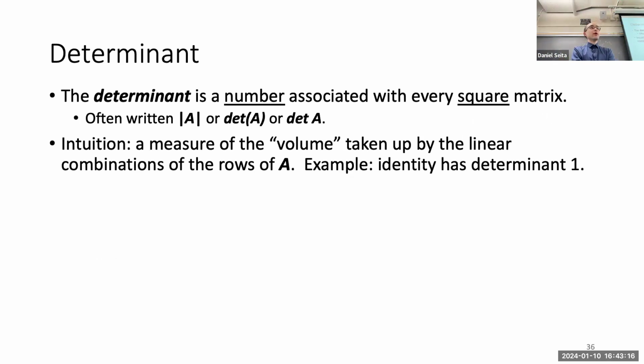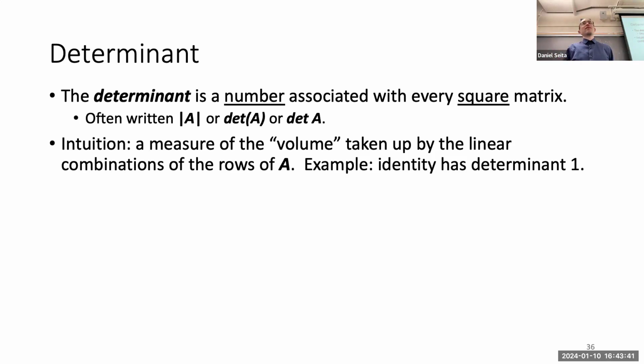All right, so let's talk about the determinant. The determinant is the number associated with each square matrix. It's written using different terminologies. I prefer determinant parentheses of A, but you should be prepared to see different conventions.